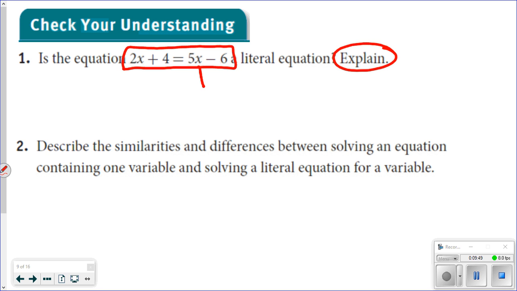I have an x here and an x here, but those are the same variable. So no, this is not a literal equation. We could solve this question and get x equals a number. X equals an answer. So we are going to stop right here for today.